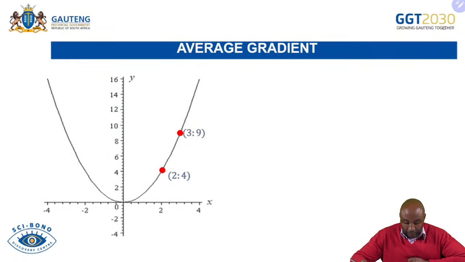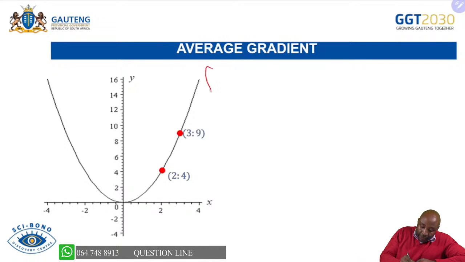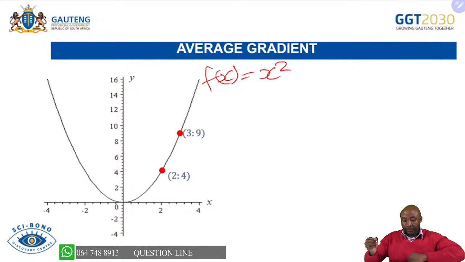Now, if you are given a curve like that, and we can tell that this is the function f of x is equal to x squared, and you are given those 2 points, and the coordinates of the points are our x value is 2 and our y value is 4, and the other point our x value is 3 and our y value is 9.